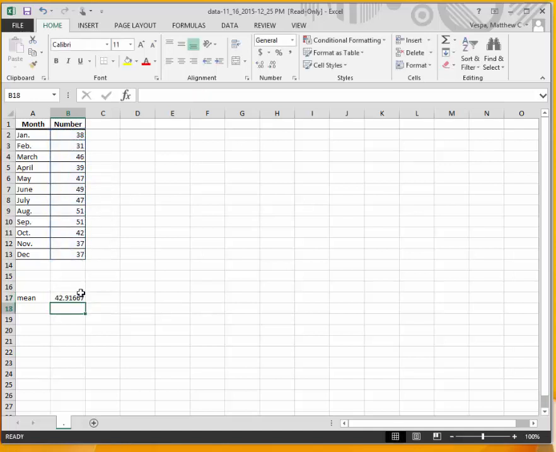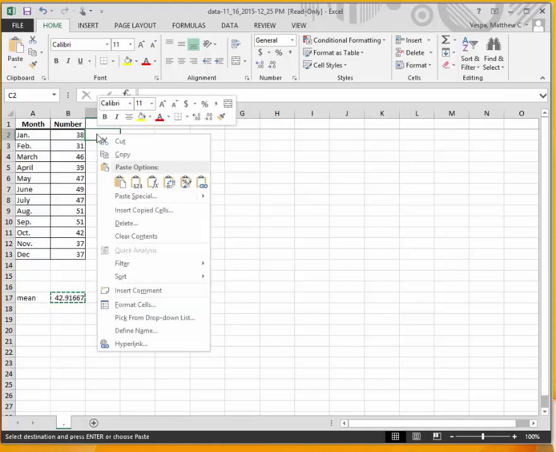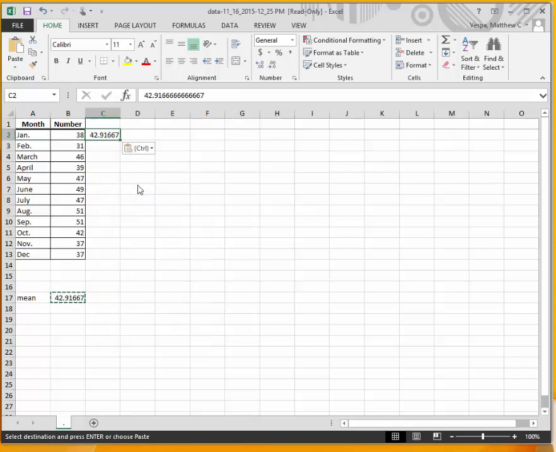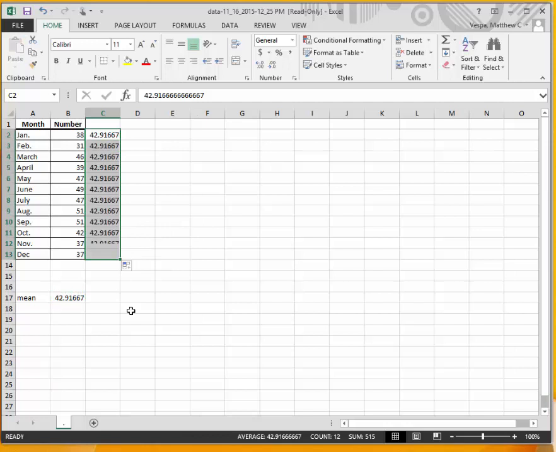And this is approximately the number of murders I would expect to see in each month. So I'm going to copy that and paste that value into this box and bring it down this column so that I can use it to calculate for each of my observed versus expected values.